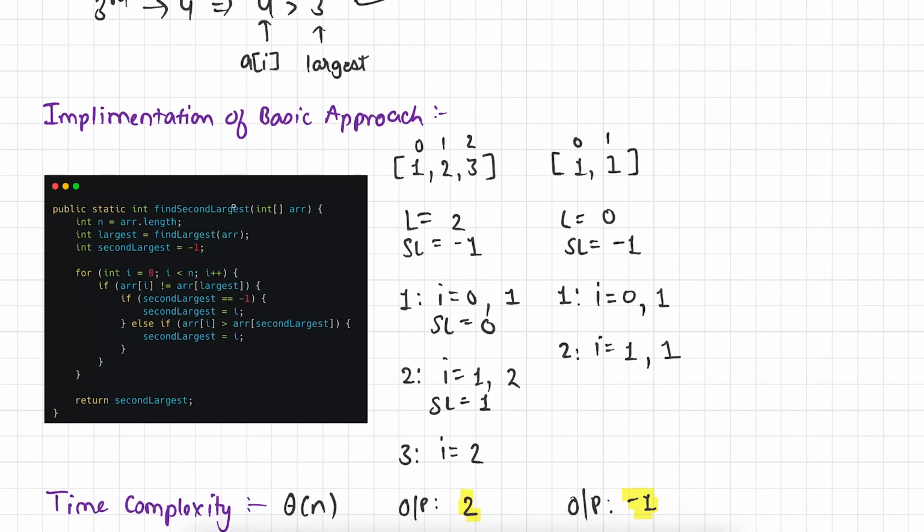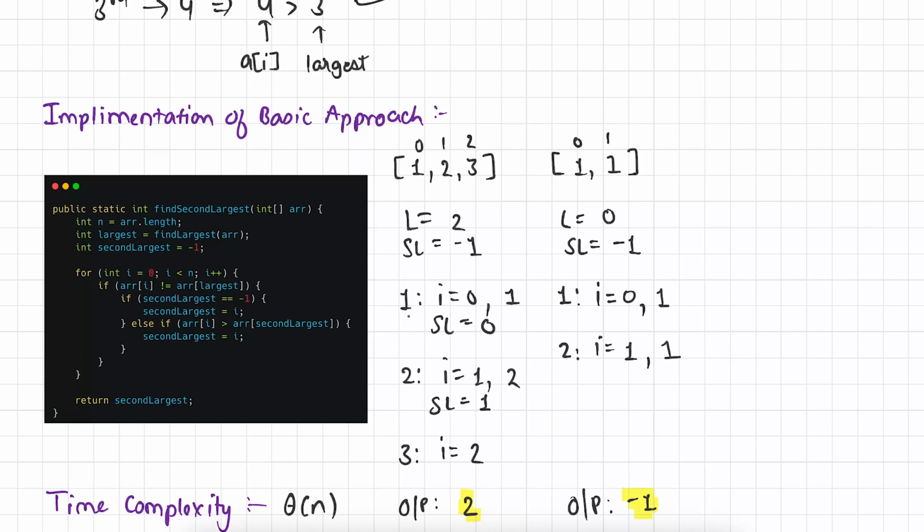Let's quickly run this code and see how it works. Say we have an array of elements 1, 2, 3, with indices 0, 1, 2. Initially the value of L is 2, because we found the largest element at index 2, and the value of SL is -1. So till now we do not know anything about the second largest element.